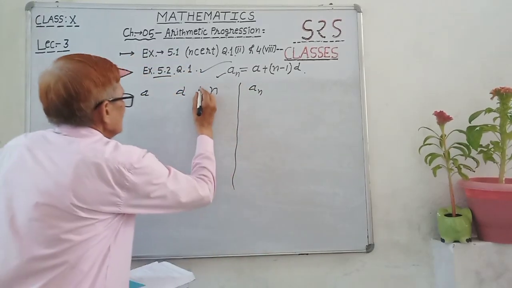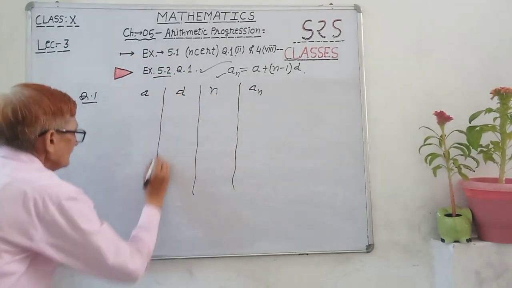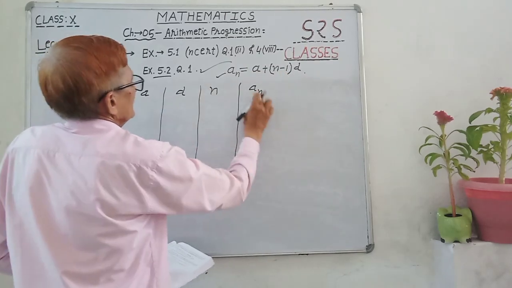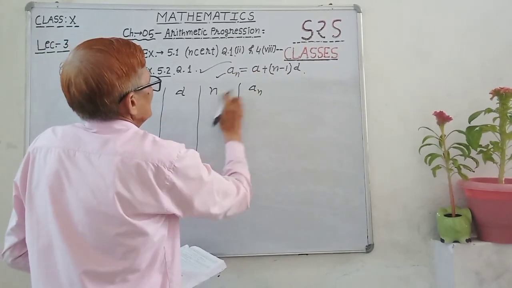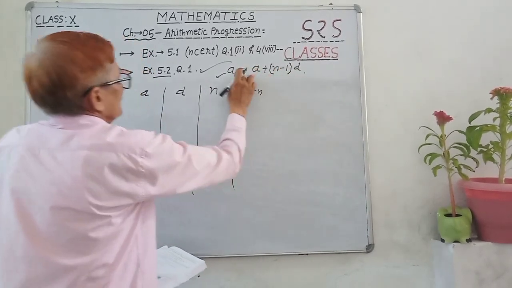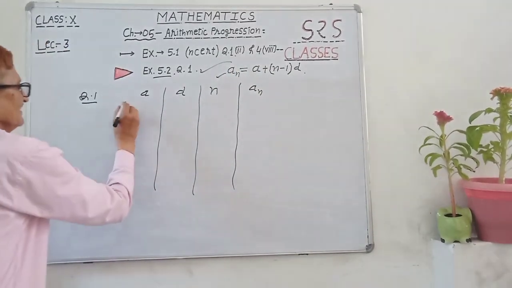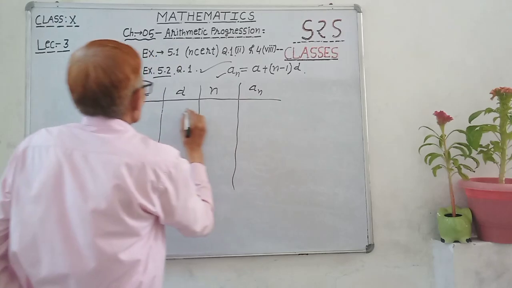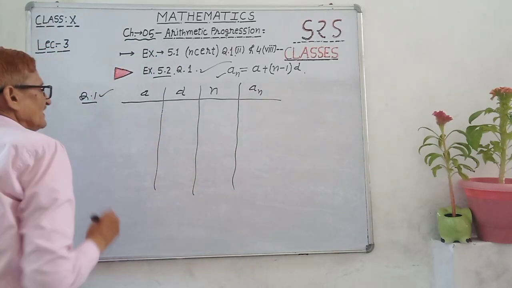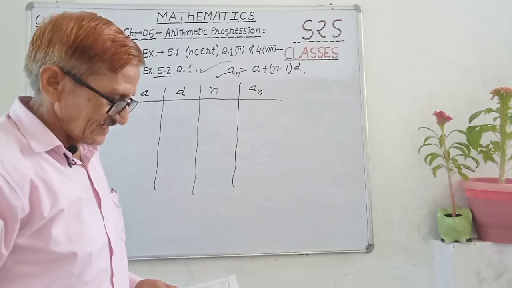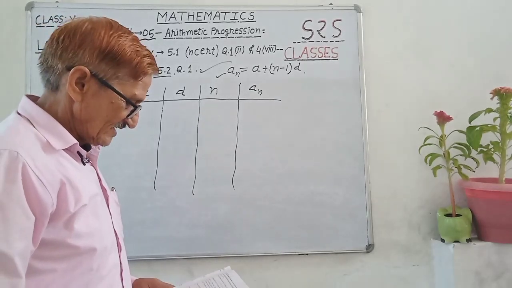See here, these are four things. A, AN, D, and N. Four quantities are here in the formula. To use this formula for question 1, 3 quantities given, any 3, and fourth asking, any other remaining asking.